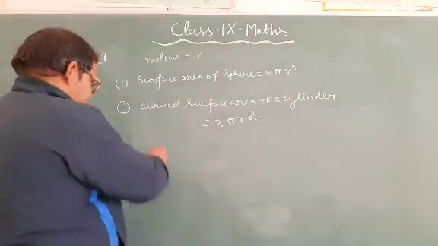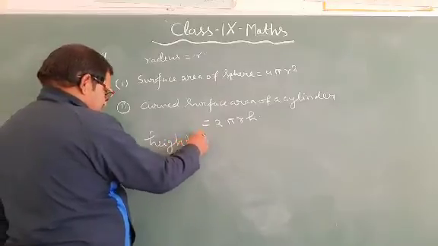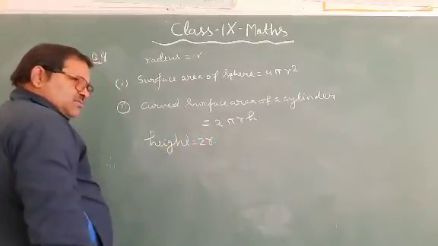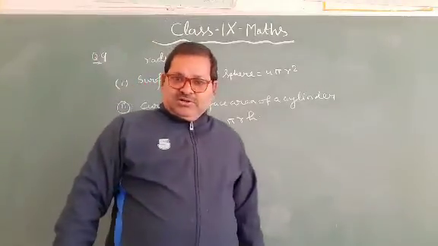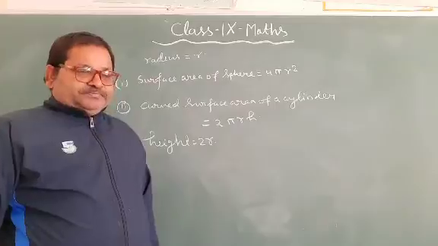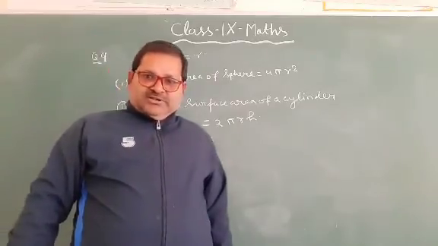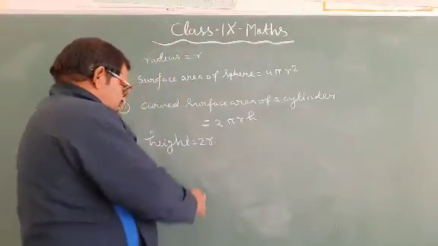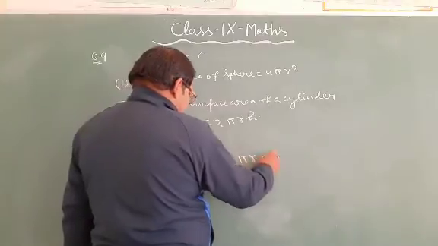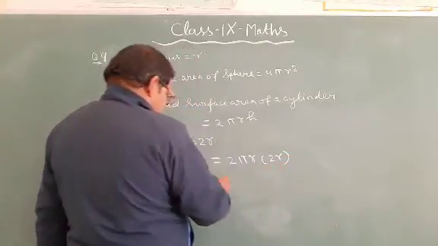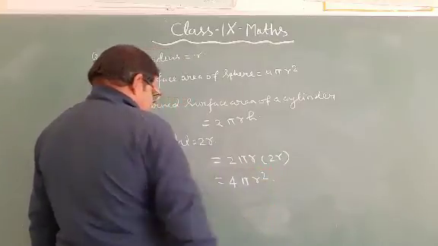So the height is equal to 2r, because the height is equal to the diameter of sphere. So 2 pi r into 2r is equal to 4 pi r square.